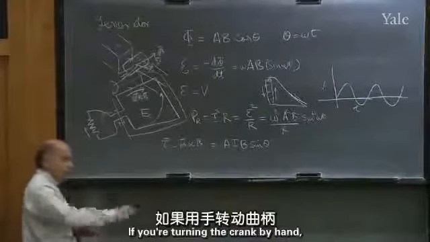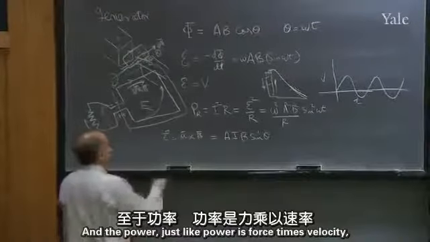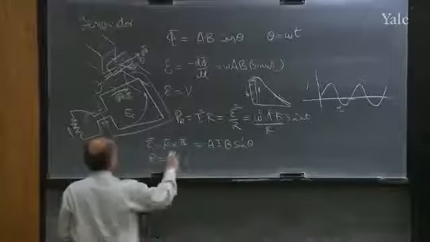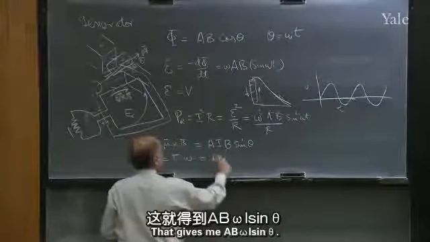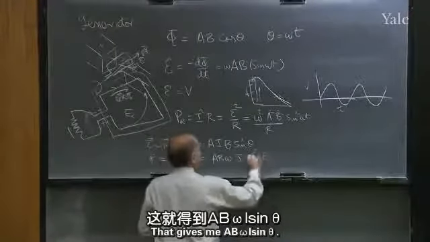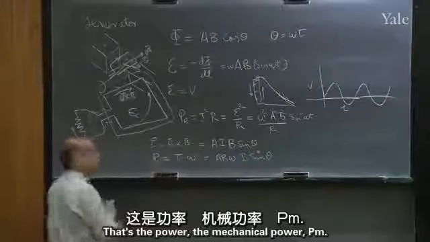If you're turning the crank by hand, the minute you put a load, you will find it's hard to turn it. And the power, just like power is force times velocity, for rotational motion is torque times angular velocity. That gives me AB omega I sine theta. That's the power, the mechanical power, P sub m.